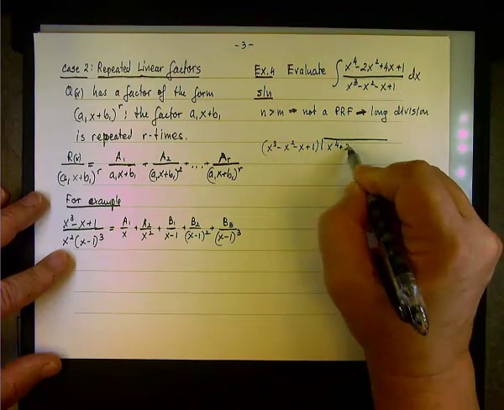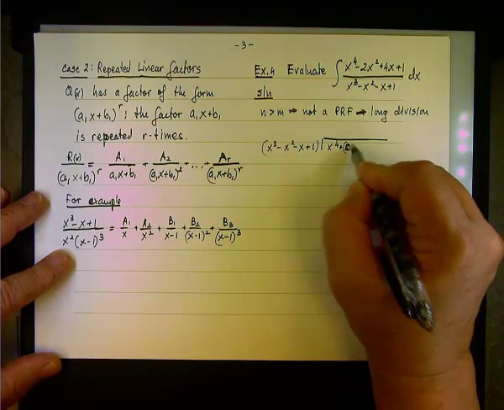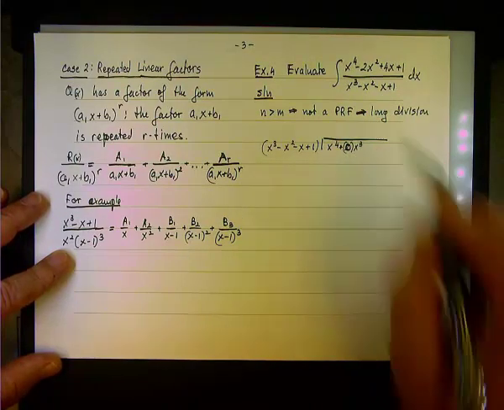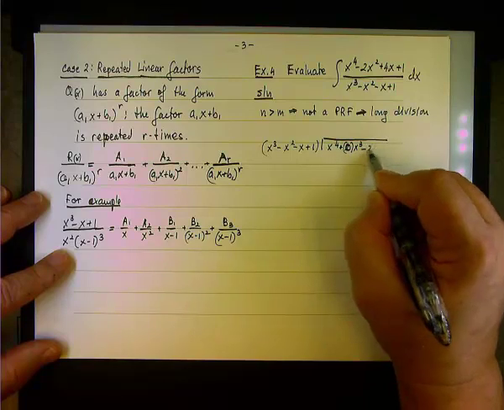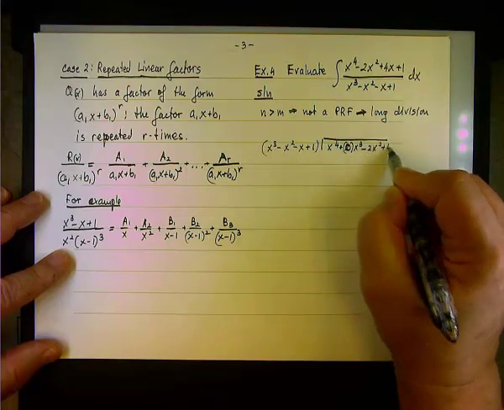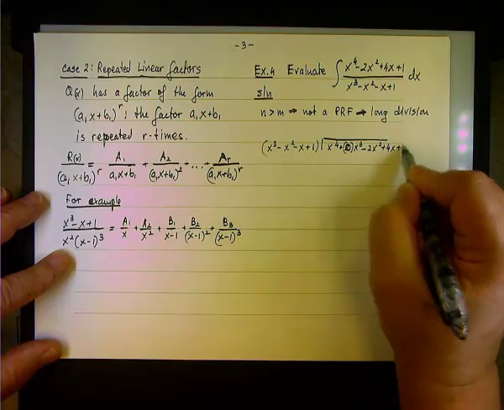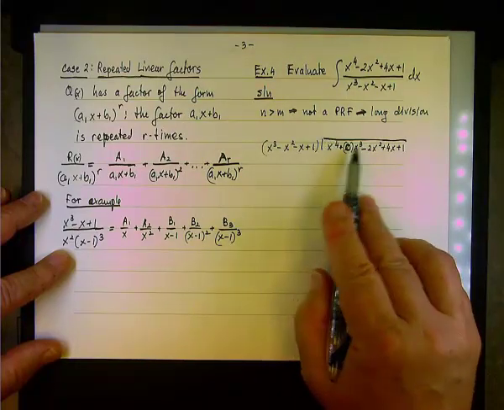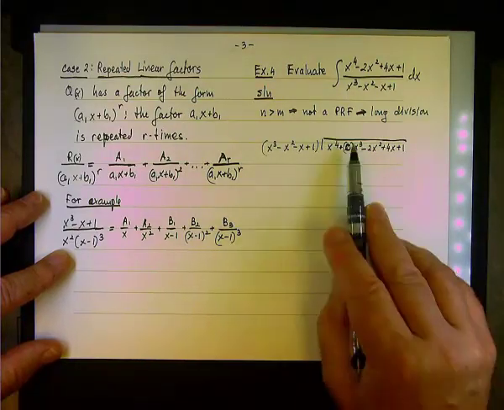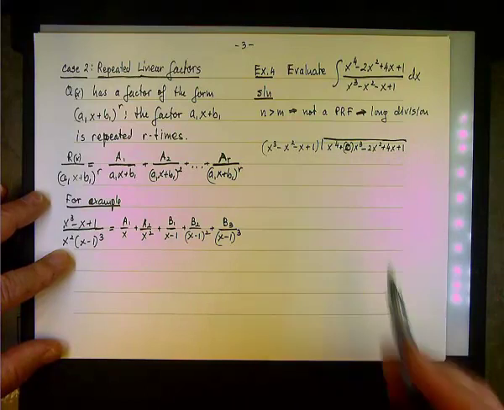So here I'll put 0 times x cubed to keep that place value, and then I have minus 2x squared plus 4x plus 1. So I have the 10,000, so to speak, the 1,000, the 100, the 10s, and the 1.